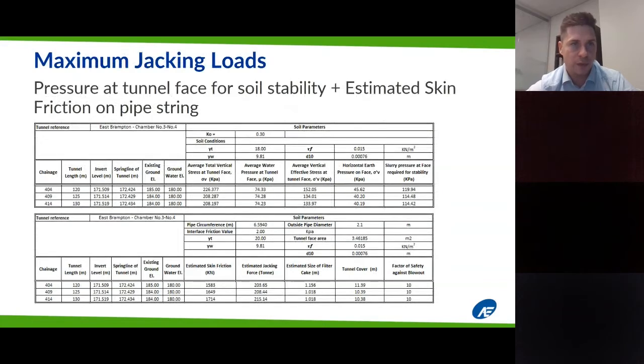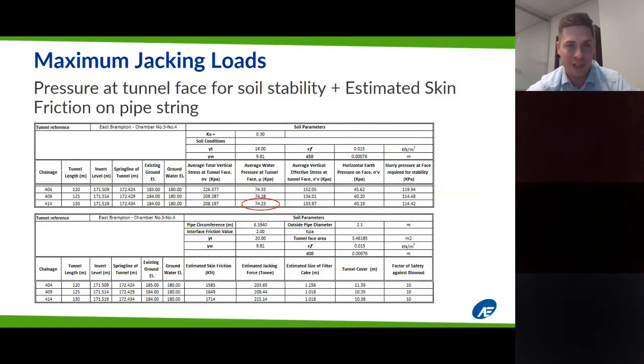But regardless, we want to look at the maximum jacking loads that are going to be exhibited on these pipe. So what we want to do is determine, well, what is the pressure at the face of the tunnel, and what is the estimated skin friction on the entire pipe string that we have to overcome to keep this microtunneling pipe moving forward. So looking at this, I promise this is going to be one of the only screens here with a lot of numbers on it.